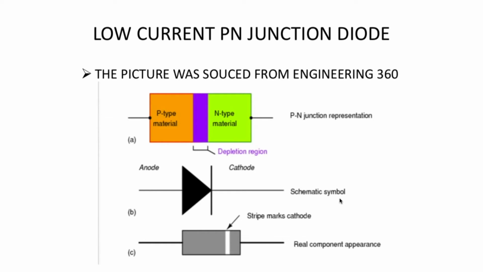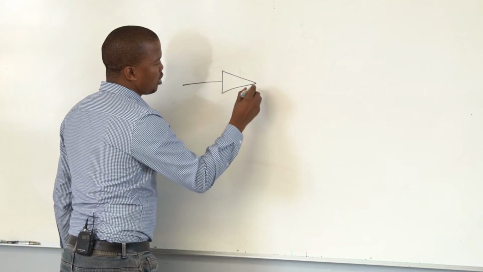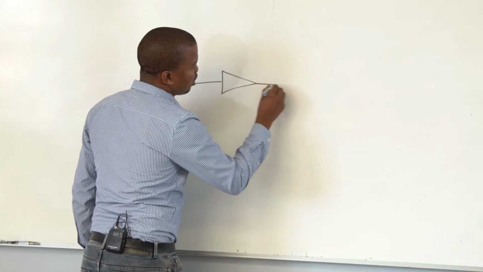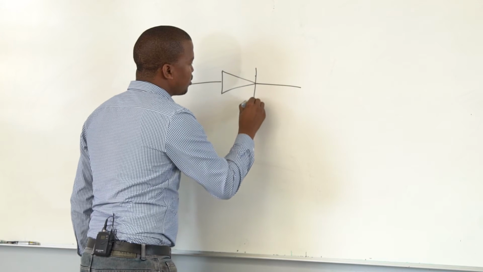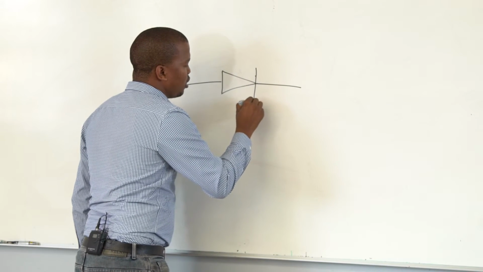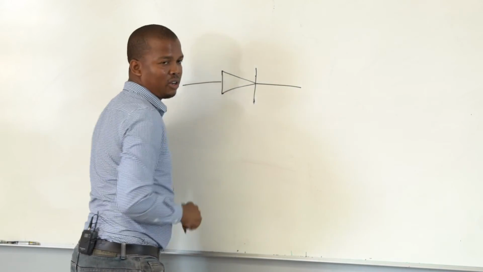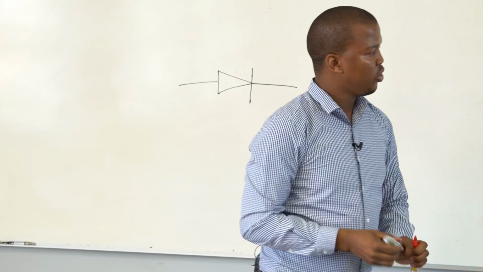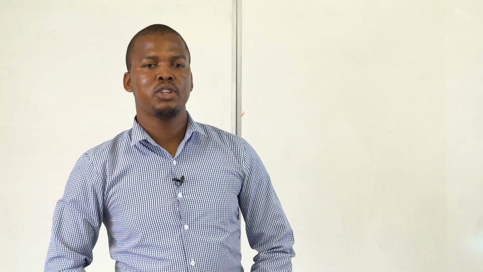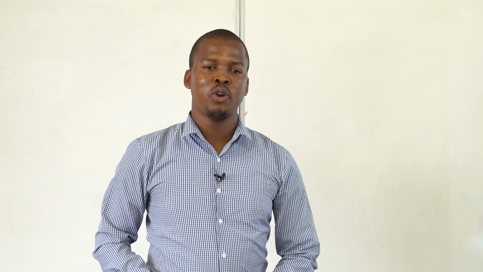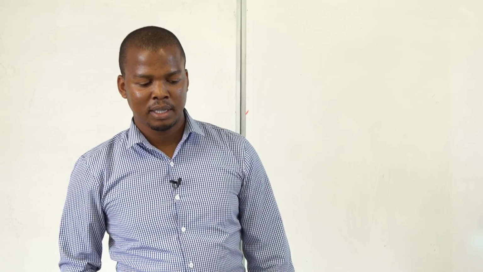Coming to our board, this is the symbol of a diode. You use it whenever you are drawing your circuit diagrams, and you will also be asked to identify them in your exams.